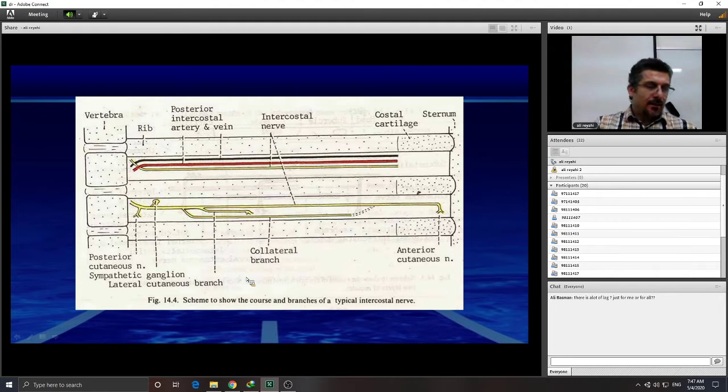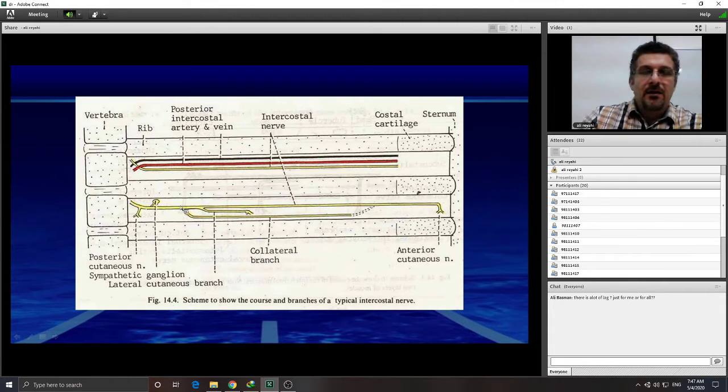This is a very simple but very useful picture for better understanding the anterior ramus of one spinal nerve in the thoracic region. This is the main trunk of the spinal nerve. As I told you, we've got a posterior ramus, and after that we've got the anterior ramus.